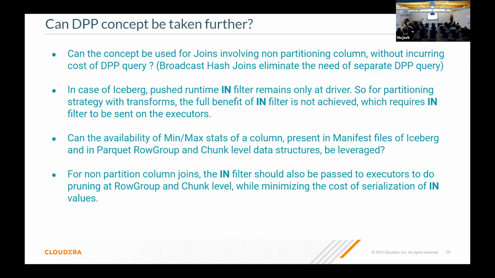In the sense, it will not be able to eliminate all the directories, because it's possible that the join was on a non-partitioning column, but the joining keys were distributed across all the partitions. So in effect, it has to go to each file. But is there a way this can be effective even in the case of a non-partitioning column, and we don't hit the cost of the DPP query?